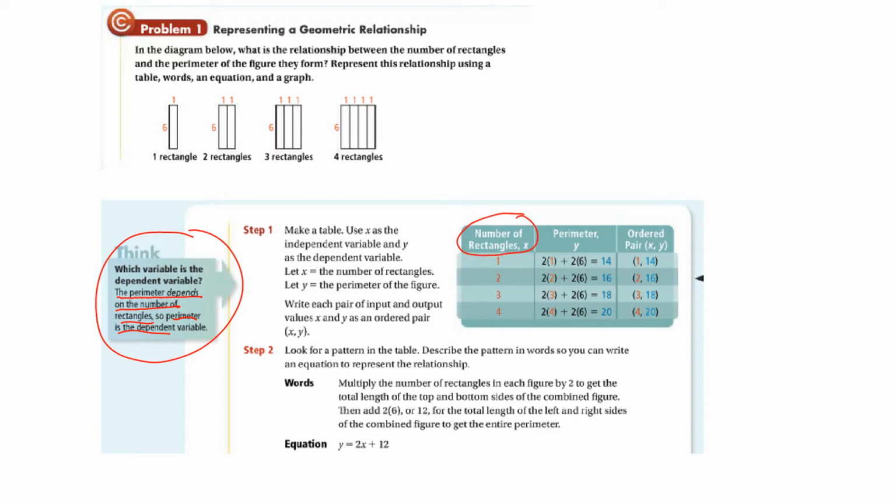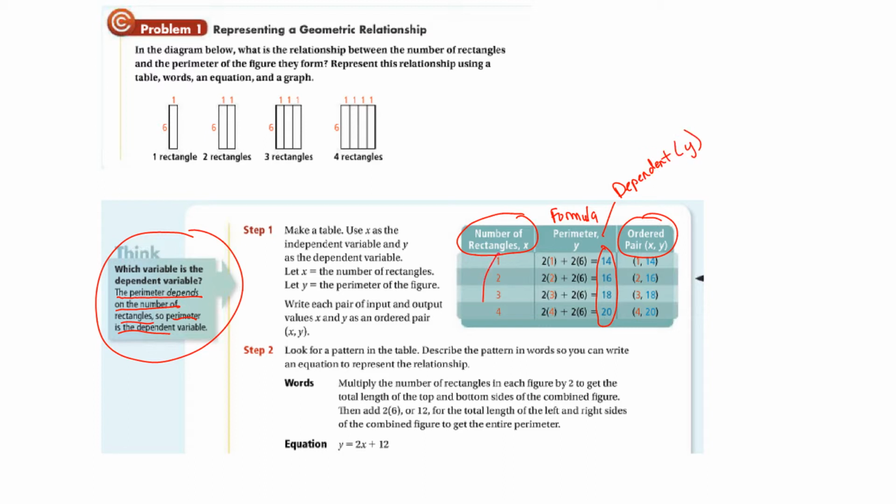Always put my independent variable first. And then I have my formula. And then I have my ordered pair, where these values in blue will be my dependent variable, or my y.